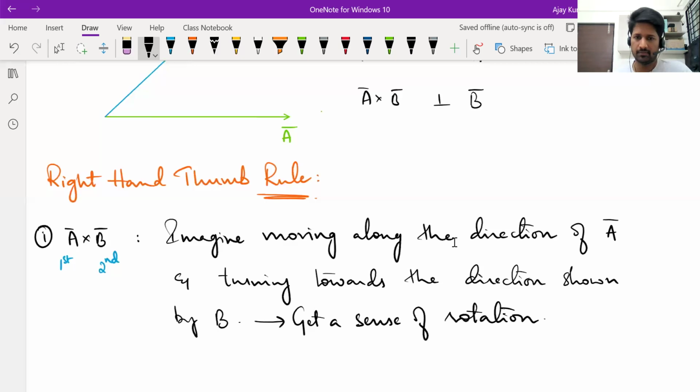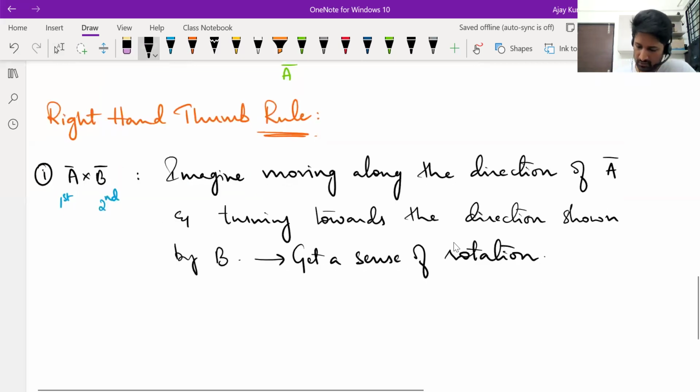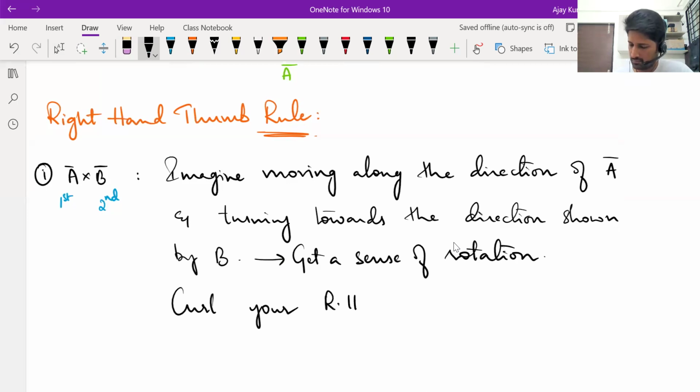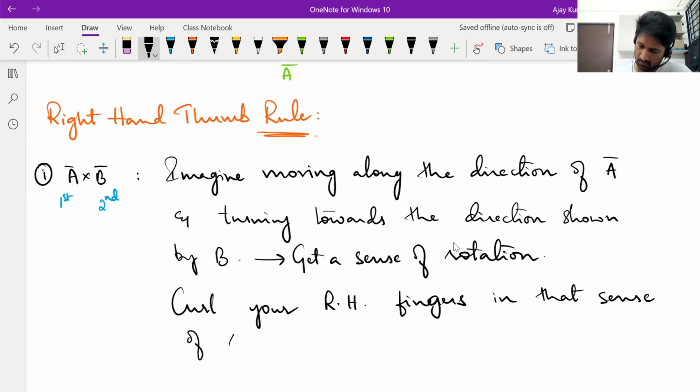Then what you need to do is curl your right hand fingers in that sense. That's the second step.